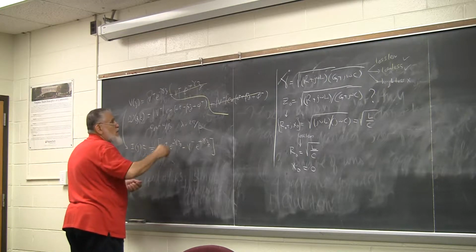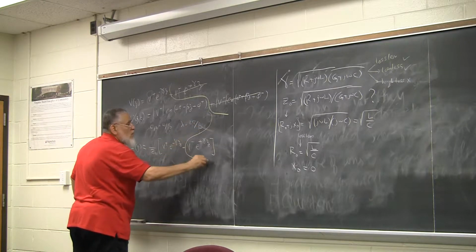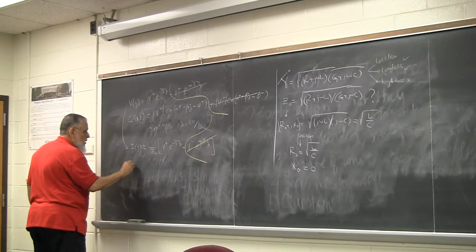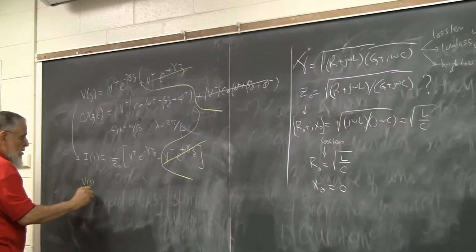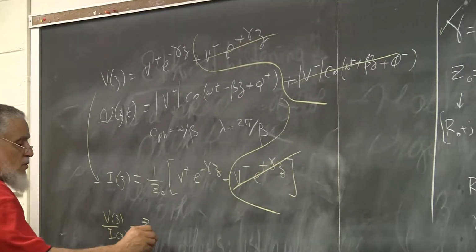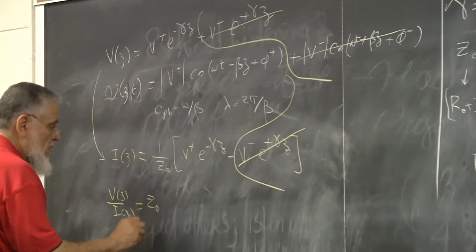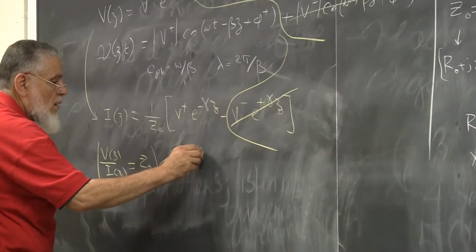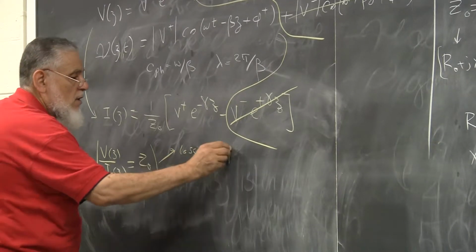So all we're getting here, if you look at this solution, we're looking at this part, we're not looking at this part. If you look at V of z divided by I of z, I get Z naught. And in the case of lossless, that is equal to R naught.